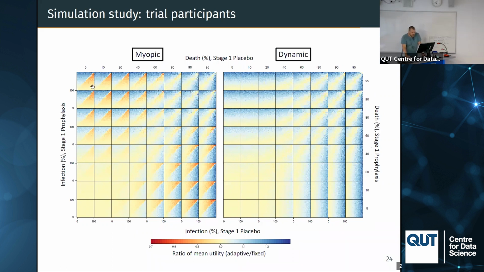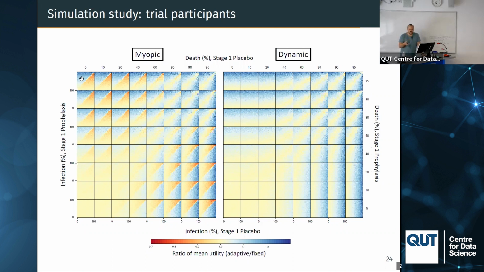Within each square, I think it's around 1,000 individual pairings of infection rates in the first stage. So what I really wanted to do with this simulation study is look at all possible scenarios across all possible stages.